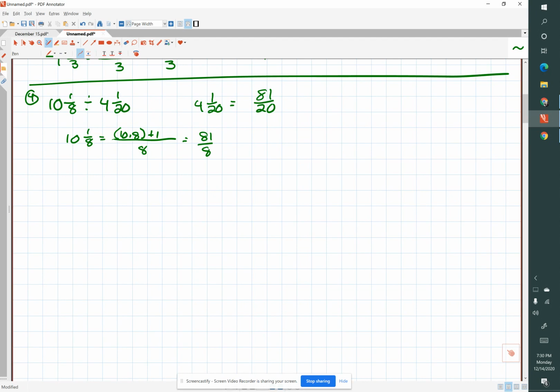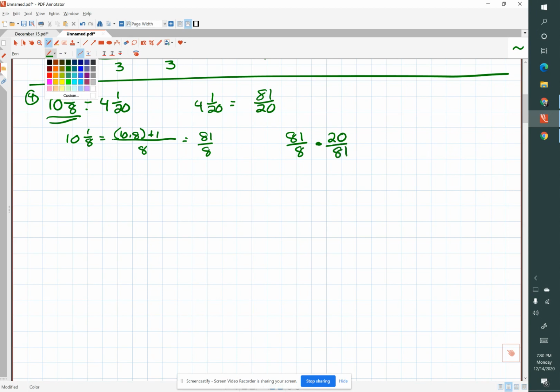So we start with the first. Remember, this is not commutative, order matters. So the first number is the 10 1/8. So we'll start with that, 81 over 8, change the division to multiplication, and then we're going to multiply by 4 1/20, which is 20 over 81.